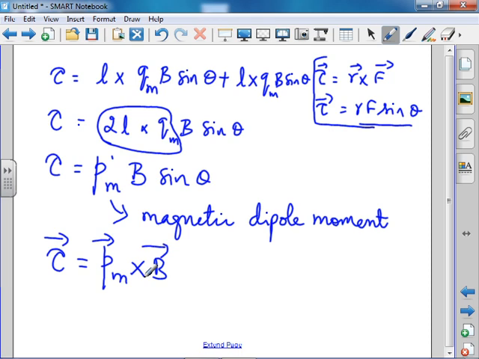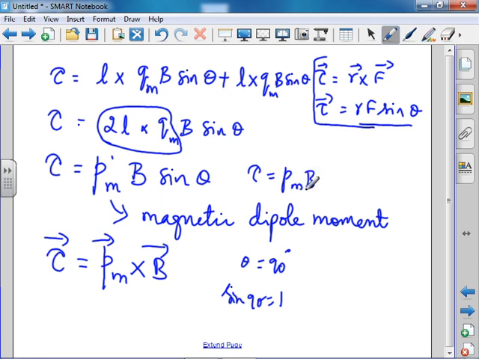Now when is this torque value maximum? If theta is equal to 90 degree, then sin 90 will become 1. Then this equation will become tau is equal to PMB.